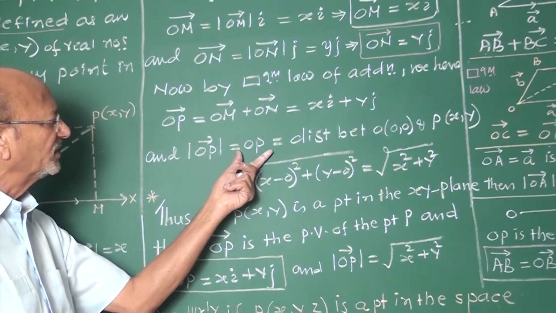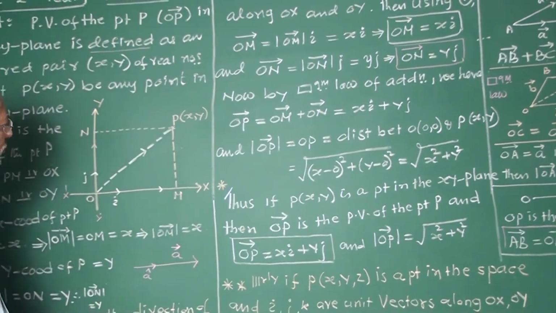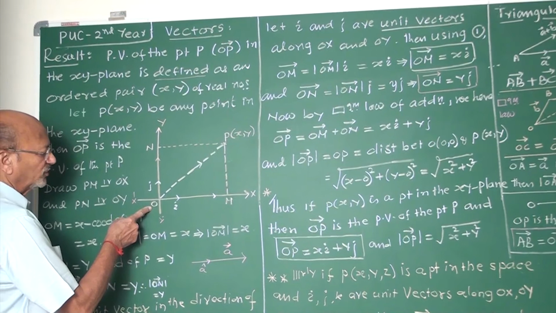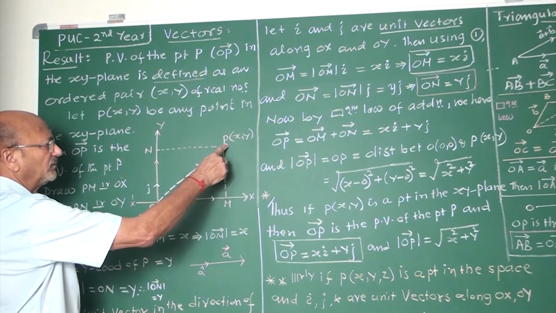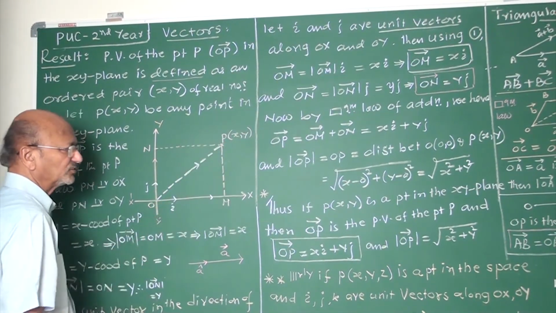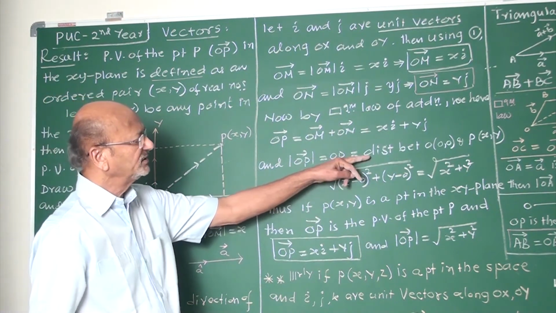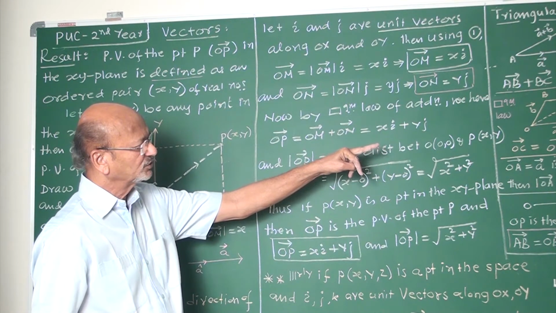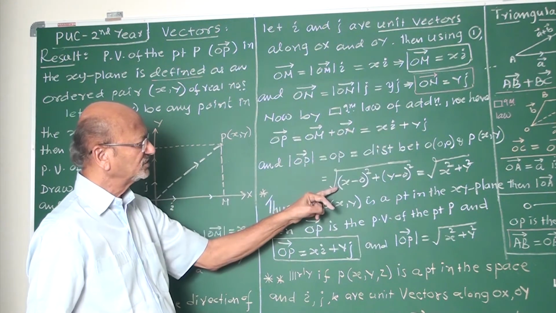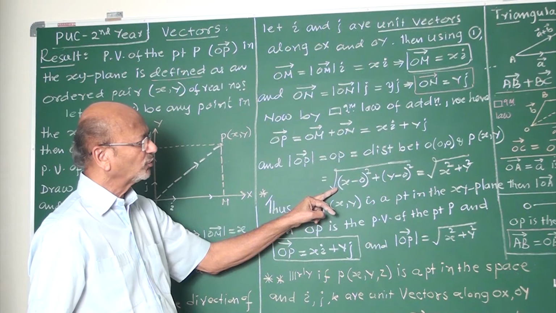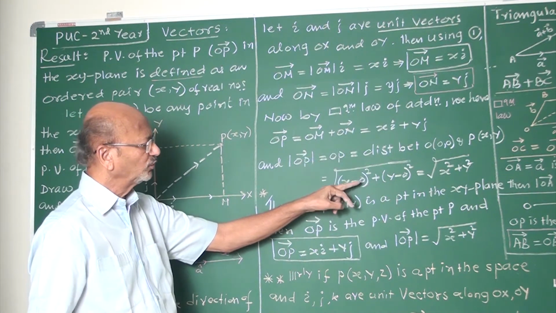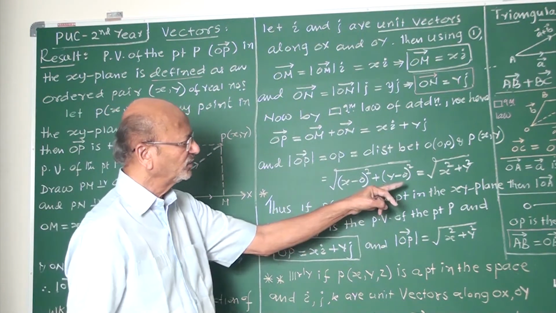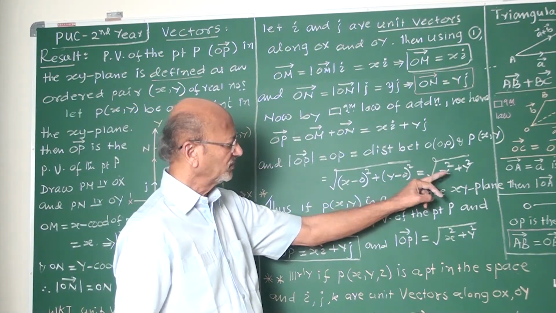If you take only line OP, it is the distance between the origin, coordinates 0, 0, and point P, coordinates x, y. Use the distance formula: square root of (x2 minus x1) whole square plus (y2 minus y1) whole square. Simplifying, you get root of x square plus y square.